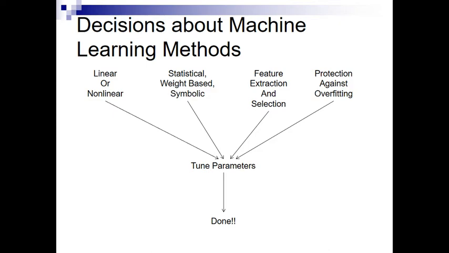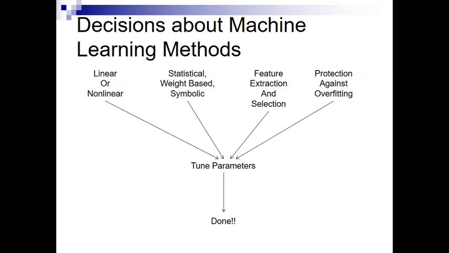And so there are some things that you have to think about in terms of what kind of model you want to use or what kind of training algorithm. The first two options here, linear or nonlinear, statistical, weight-based, or symbolic, are distinctions you would get to know if you read that book I pointed to. And these are things that you will indeed need to think through and make a choice about.